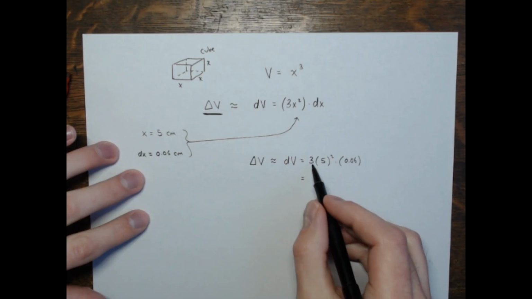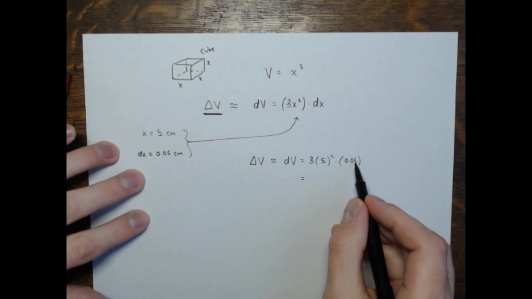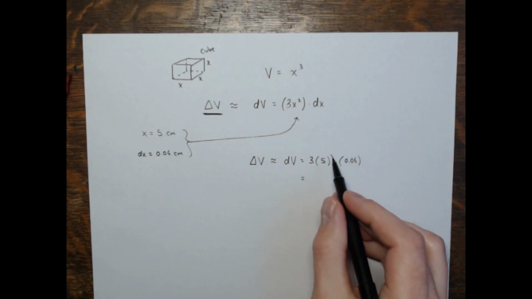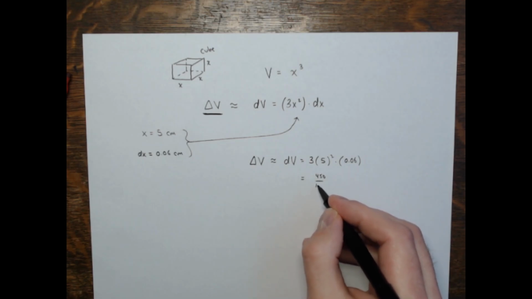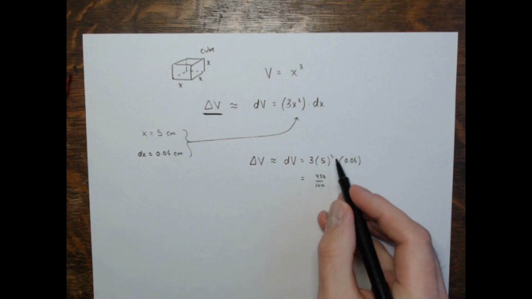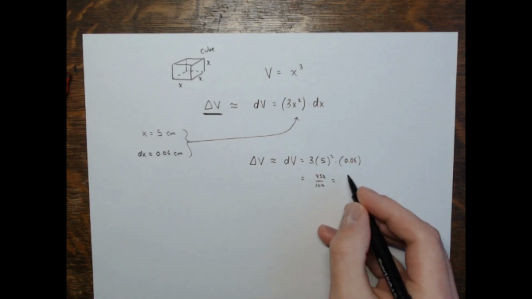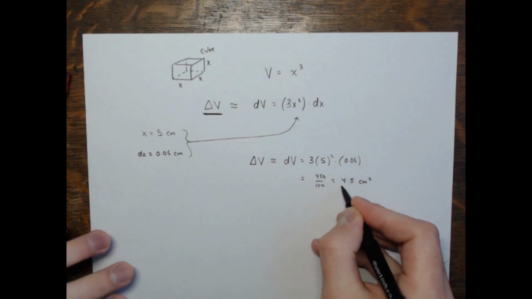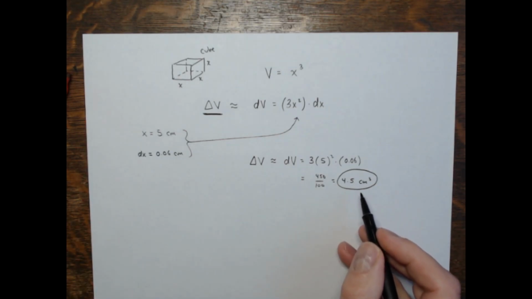So we got 3 times 0.06, well, that'd be 18 hundredths. And 18 times 25 is 450. So 450 hundredths, or 4.5 cubic centimeters. So this is our possible error in the calculation of the volume.